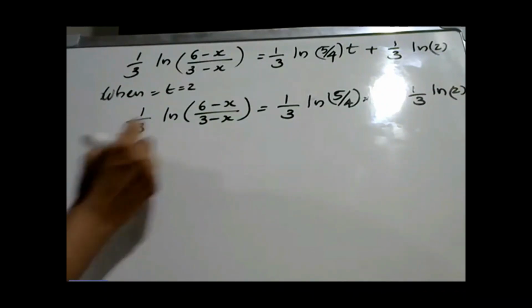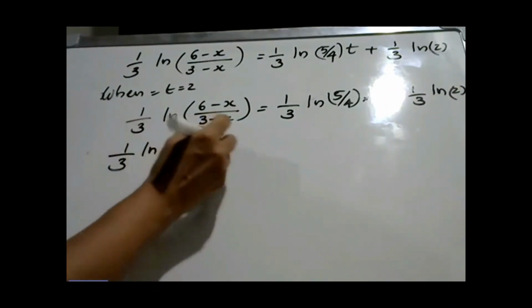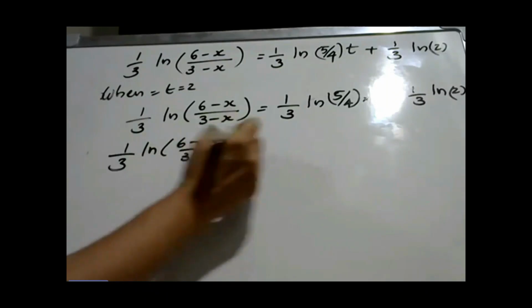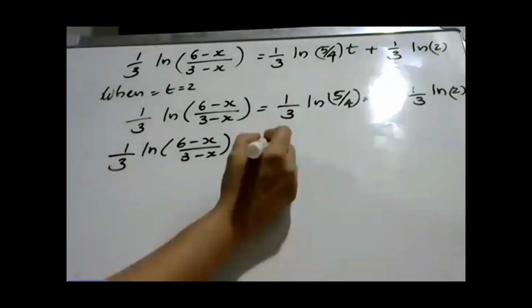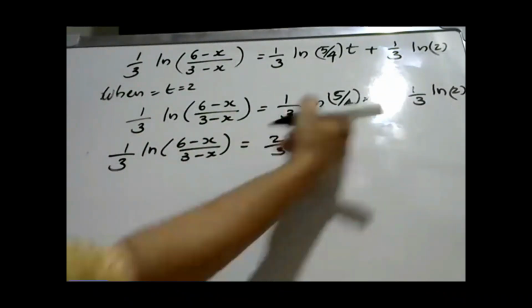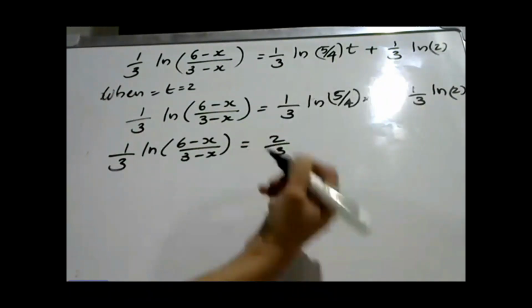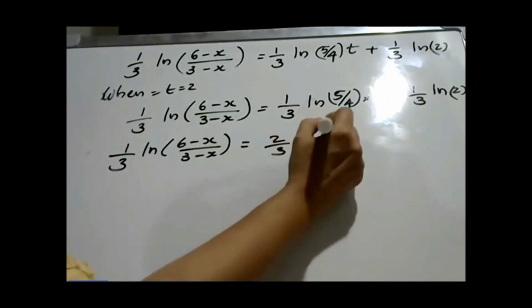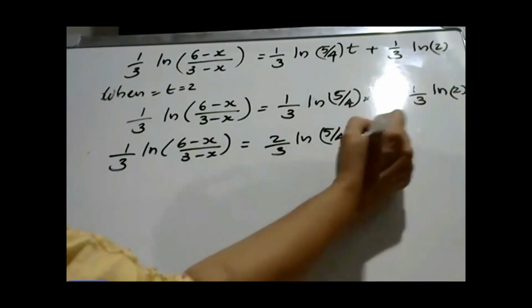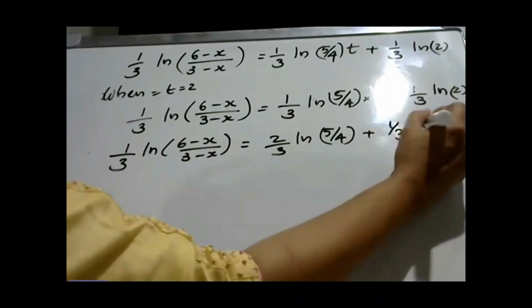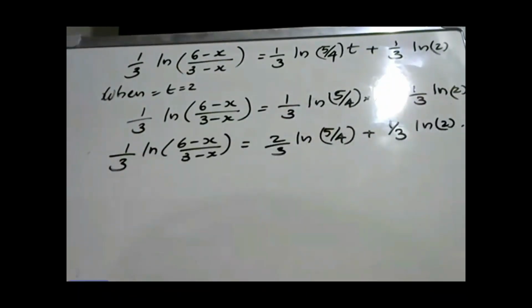This I can write as 2 over 3 ln 5 over 4 plus 1 over 3 ln of 2.